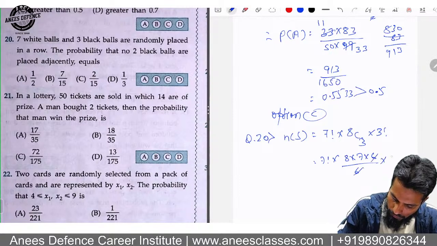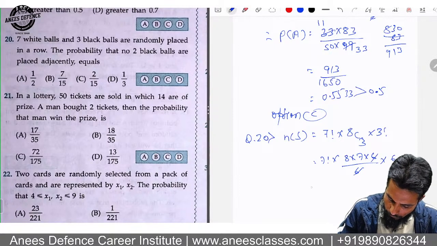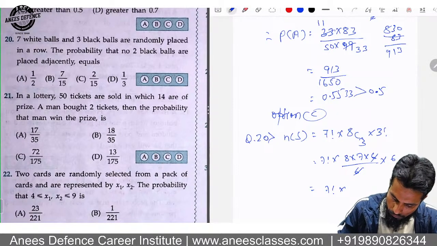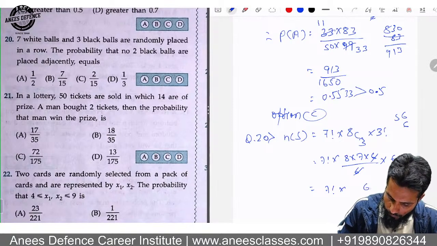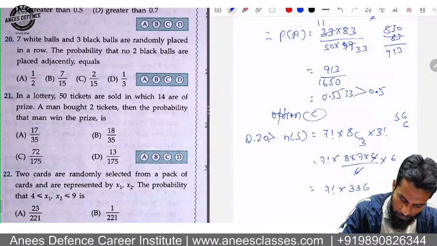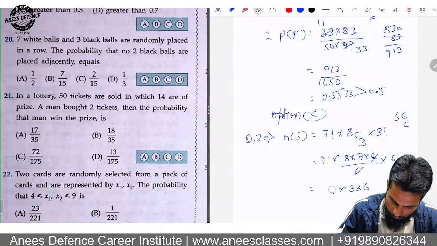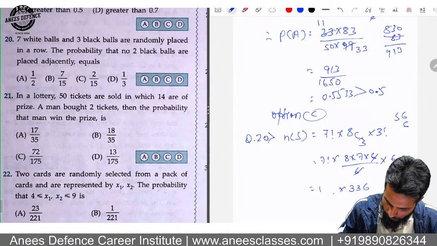So 7 factorial multiplied with 8 into 7 into 6. 56 into 6 is how much? 336. 7 factorial is 5040. Fine. 5040 into 336 is what we have.